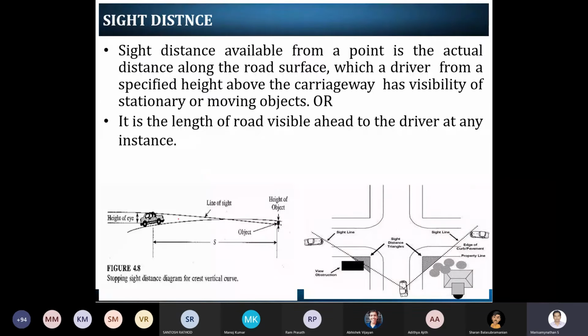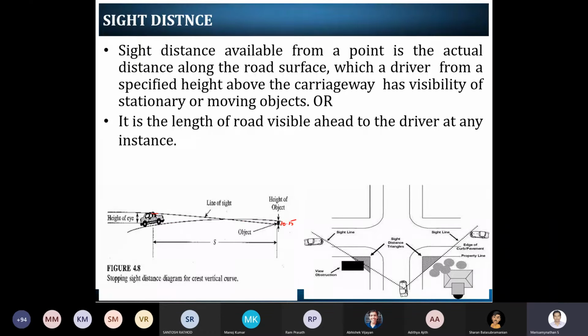For example, this is a vertical curve being traveled. This is the eye of the driver, sitting at maybe 1.2 meters, which is considered the standard height, and this object is considered at 0.5 meter height. This is an IRC standard.